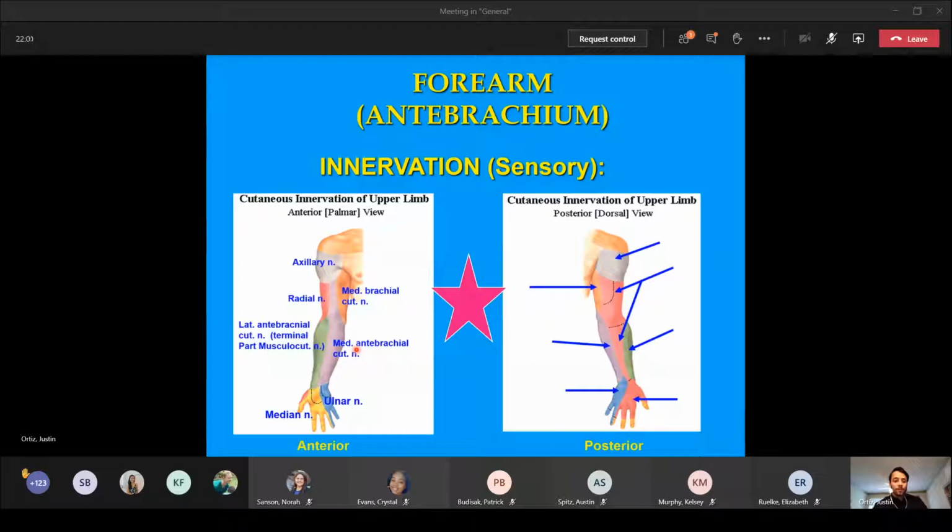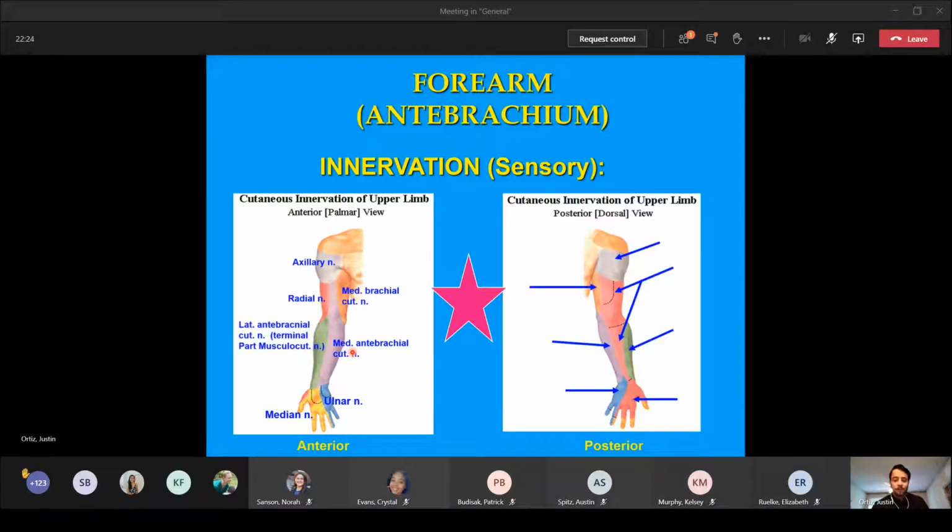They're super small nerves that are actually hard to see on cadaveric images. So that's why he didn't put any images of them. He just wants you to know that they come off the brachial plexus and supply cutaneously, so just the skin of the forearm on the medial side as well as the lateral side. They're just coming off the brachial plexus to provide sensory. Thank you for clearing that up.